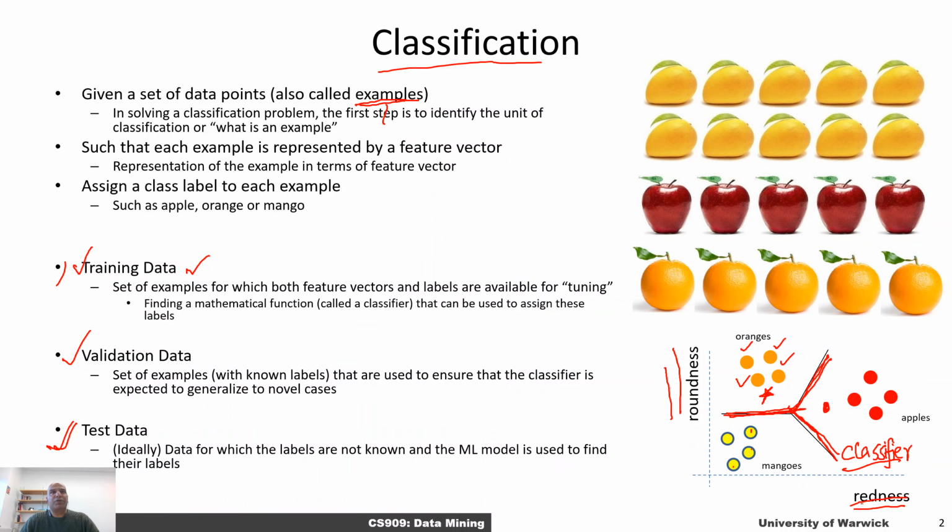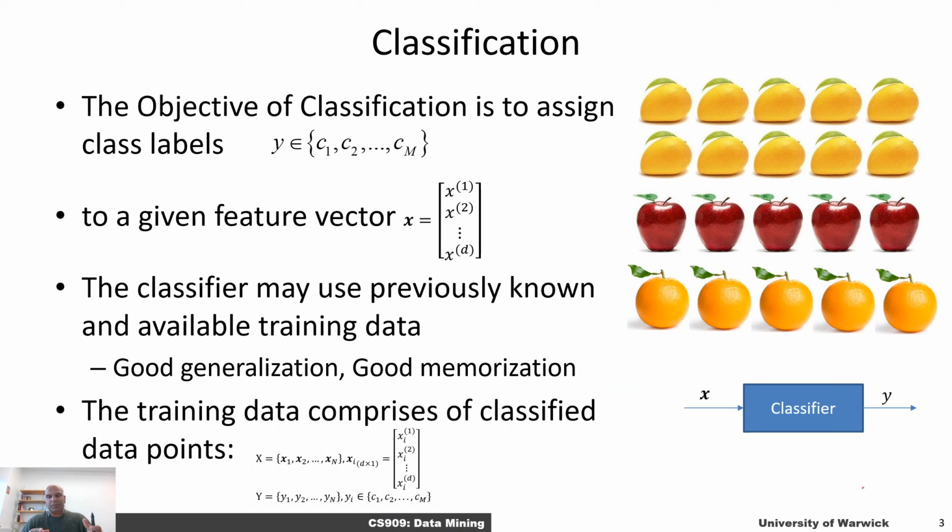Next, what we are going to do is develop a mathematical notation that allows us to reason about these classifiers and to develop these classifiers. Mathematically speaking, the objective of classification is to assign class labels. So let's say we want to assign labels to pictures of fruits.